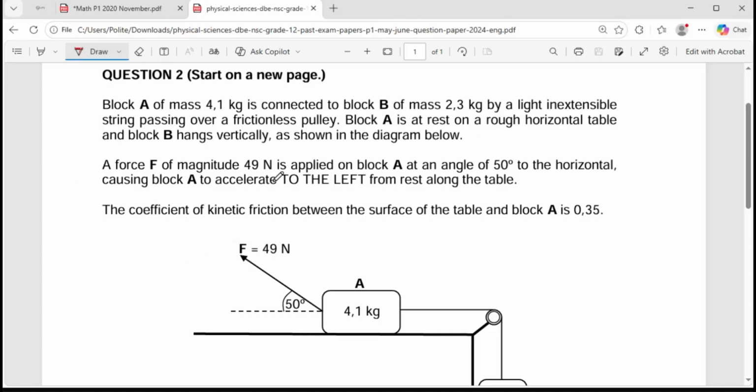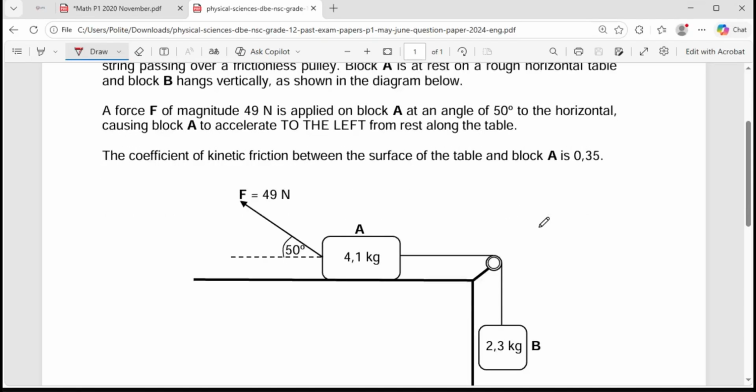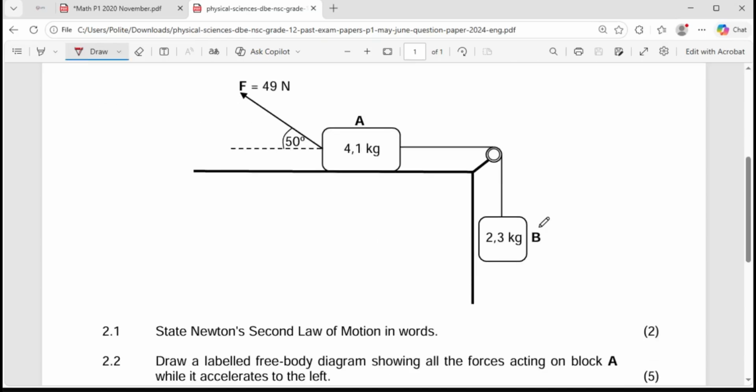The force F of magnitude 49 Newton is applied on block A at an angle of 50 degrees to the horizontal, causing block A to accelerate to the left from rest along the table. The kinetic coefficient of friction between the surface and block A is 0.35. I'll just come back to that information if we need it. Let me dive into the questions.